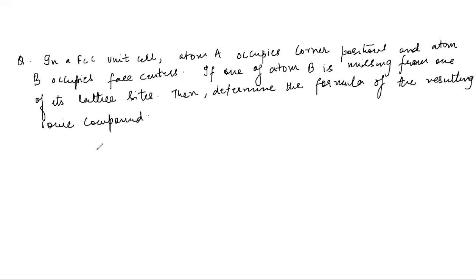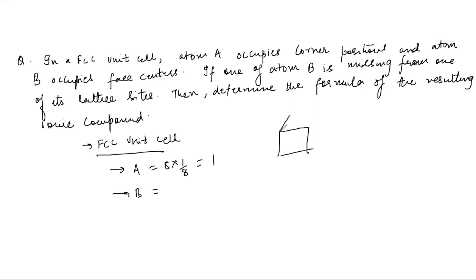Basically, in an FCC unit cell we have 8 corners, so A will become 8 times 1 by 8, so it is 1. And B, we have 6 face centers. I hope everybody knows there are 6 face centers and 8 corners in an FCC unit cell.